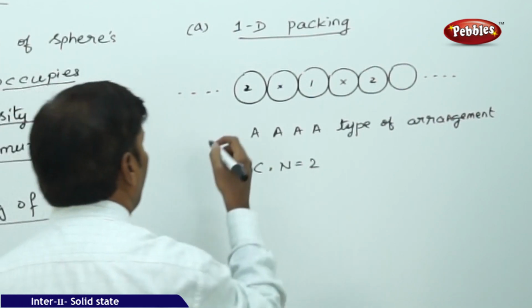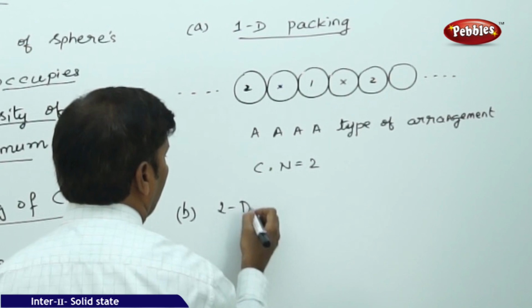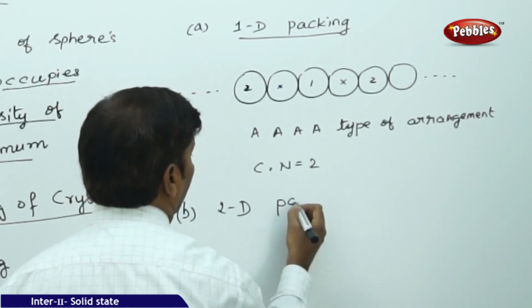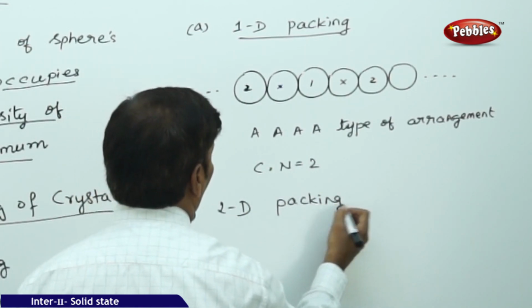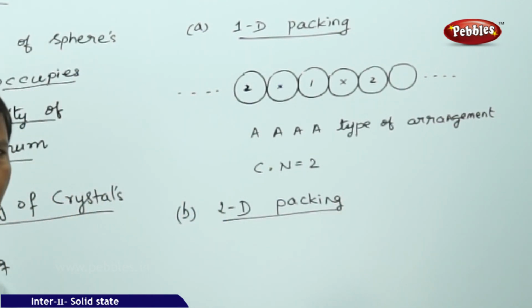Now after one dimension packing, let us go for two-dimensional packing. In two-dimensional packing, we have two different types of packings here.